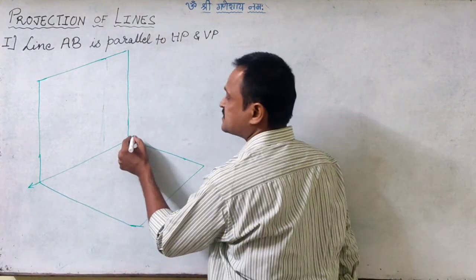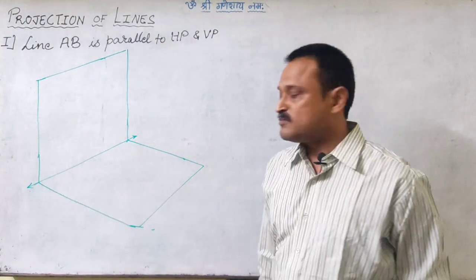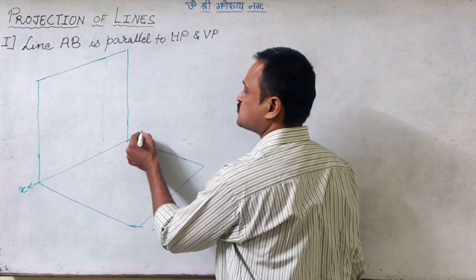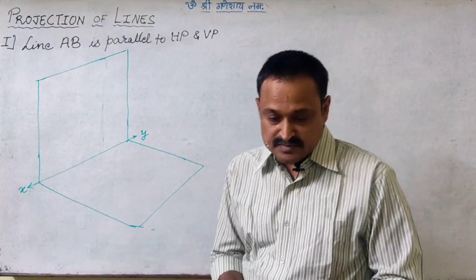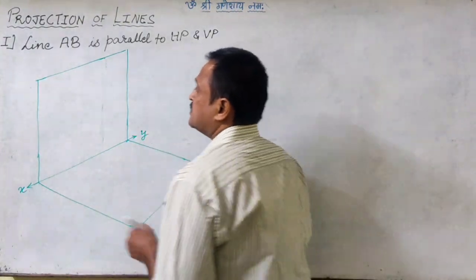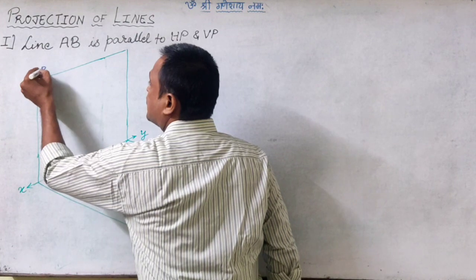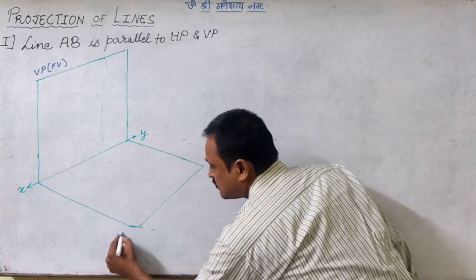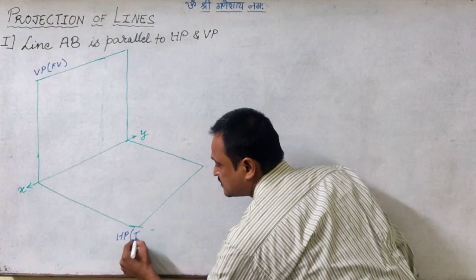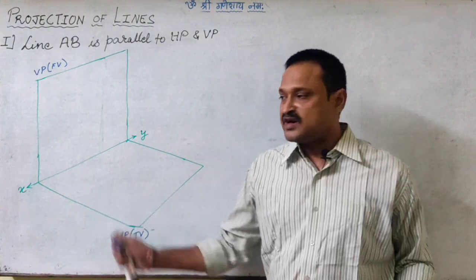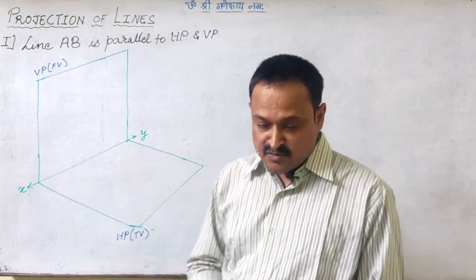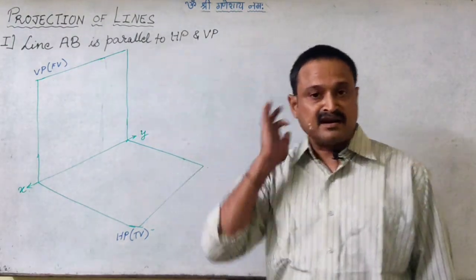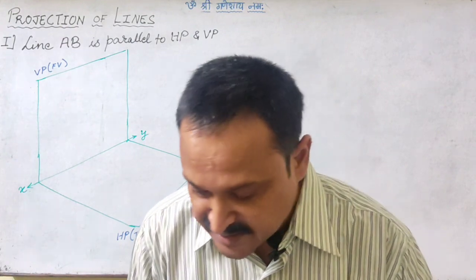The intersection of the vertical plane and the horizontal plane is the reference line XY. This is the vertical plane, and we will be getting the front view in this plane; this is the horizontal plane, and we will get the top view on the horizontal plane. Now the first condition is that line AB is parallel to both HP and VP.